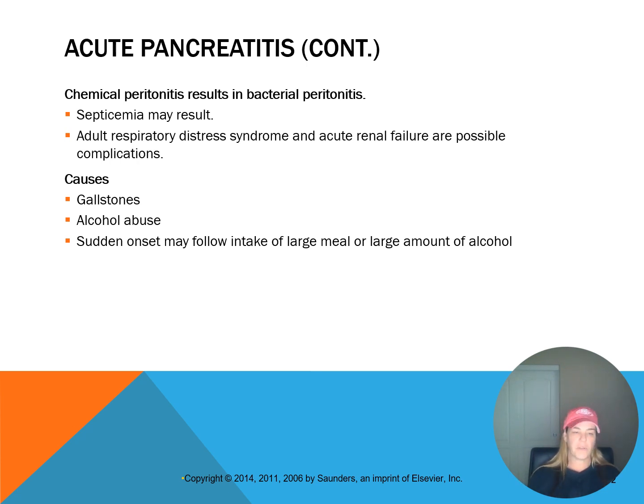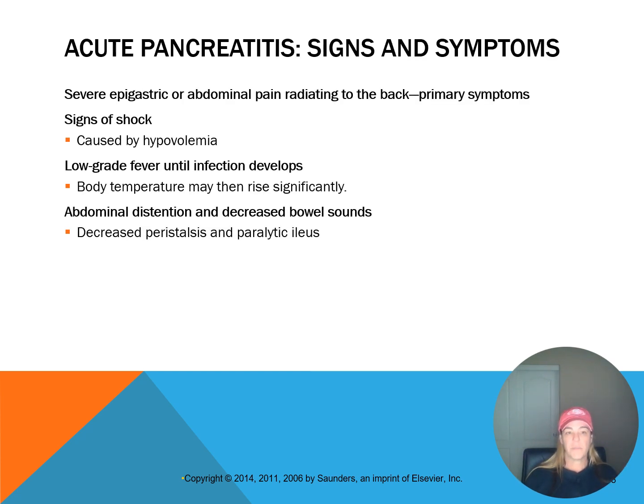So it's very dangerous. Causes of acute pancreatitis include gallstones and alcohol abuse. Sudden onset may happen after a very large meal or large amounts of alcohol. Signs and symptoms include severe epigastric pain, with pain radiating to the back as the primary symptoms; hypovolemia and shock; low-grade fever; abdominal distension or paralytic ileus.